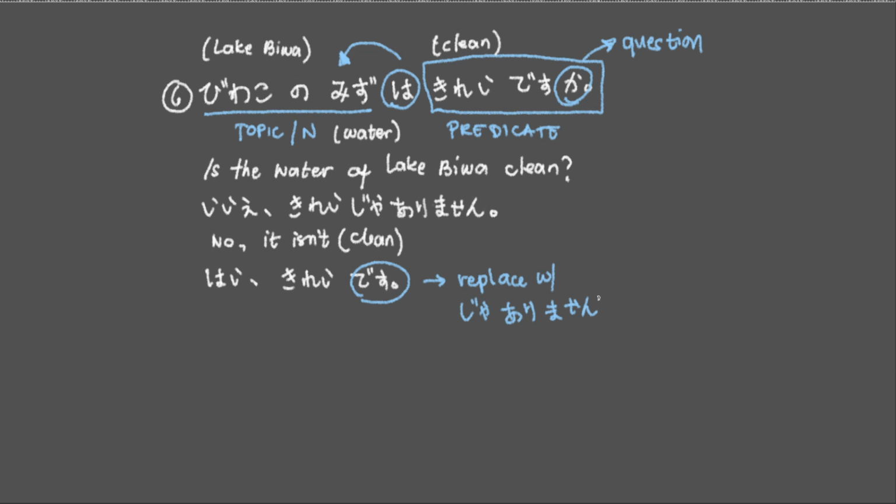So, making an adjective sentence into a question means just adding ka at the end of our very basic grammar form, noun wa adjective desu.